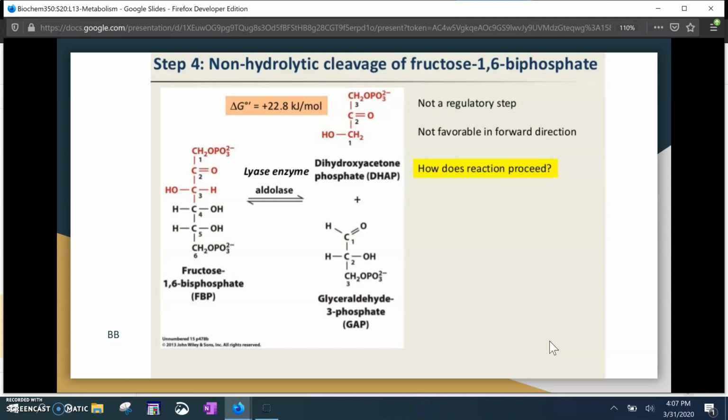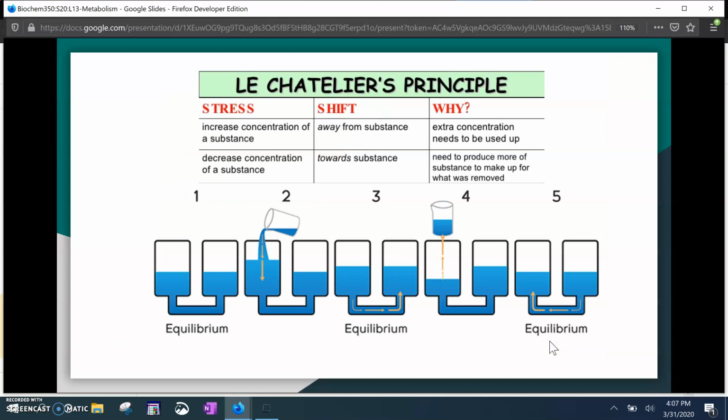So step 4 is a non-hydrolytic cleavage of fructose 1,6-biphosphate. This is also not a regulatory step. And if you look at the delta G, it is a large positive delta G, so it is not favorable in the forward direction. So you can ask yourself, how does this reaction proceed? I thought things were not spontaneous if there was a positive delta G. And that can be answered. You've got to think back to your general chem about Le Chatelier's principle and concentrations of substances.